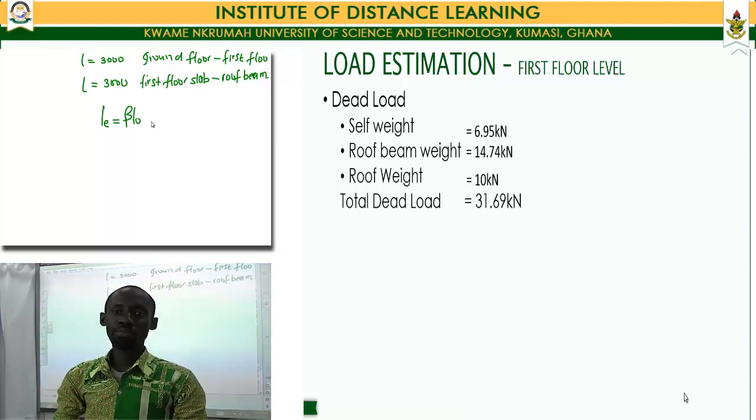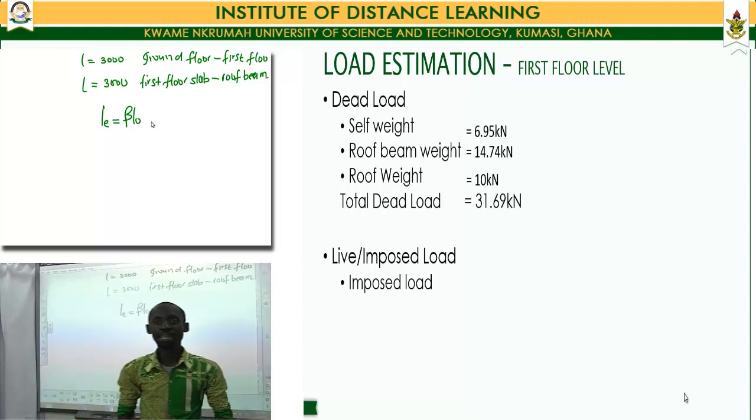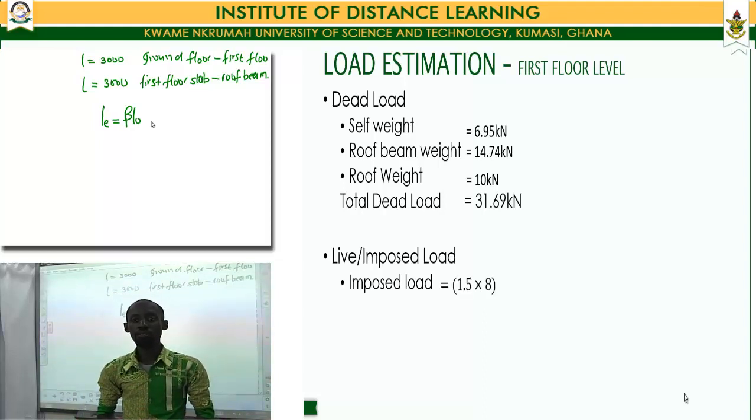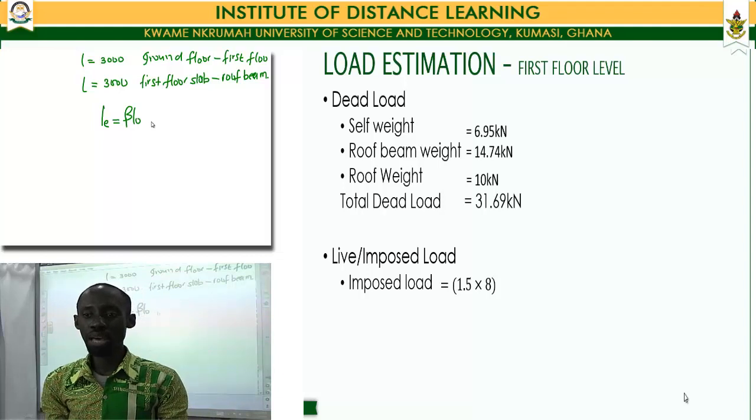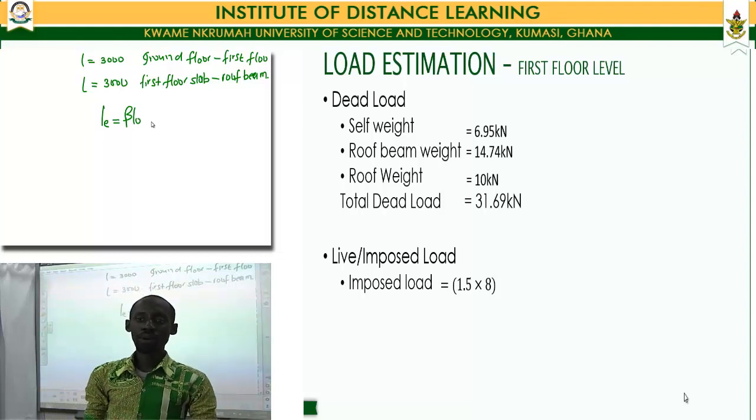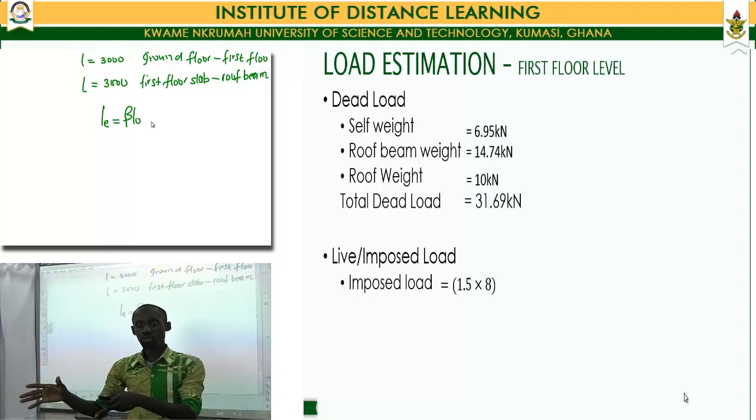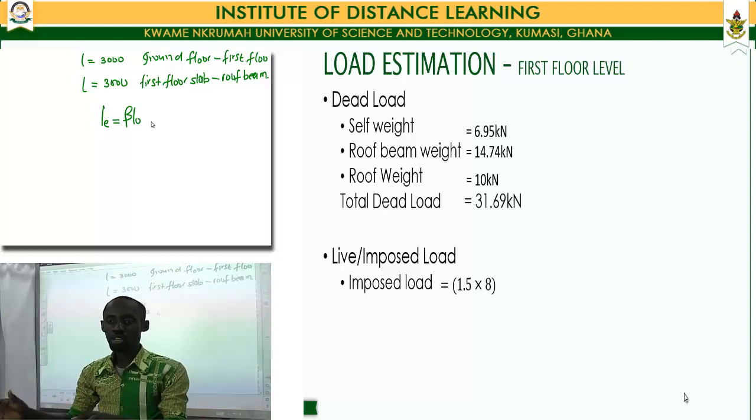Now, having finished with estimating our dead loads, we move ahead and estimate our live loads. For our imposed loads, as we've been using for the other elements, we had an imposed load of 1.5 kilonewtons per meter squared. As in, for every meter square of space that we took, it had an imposed load of 1.5 kilonewtons.